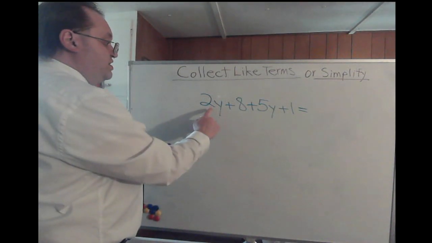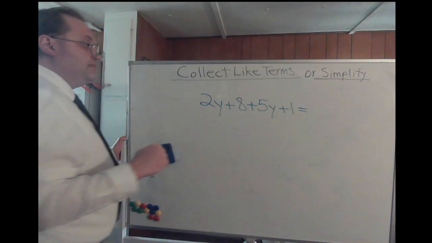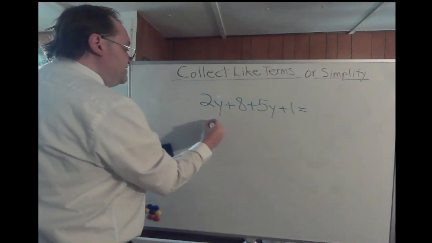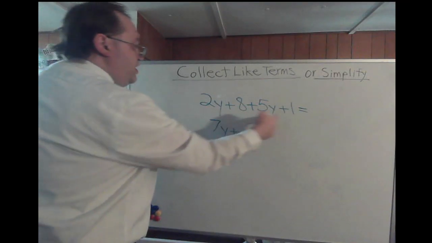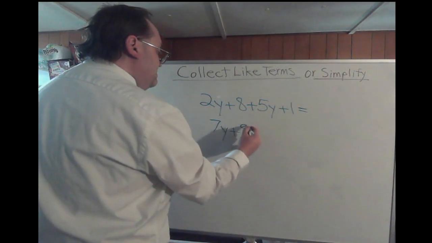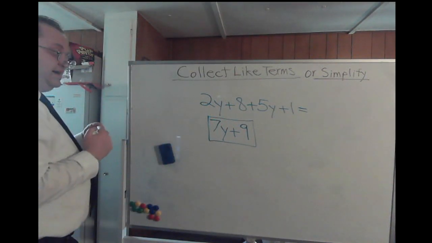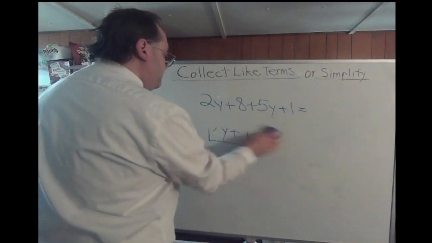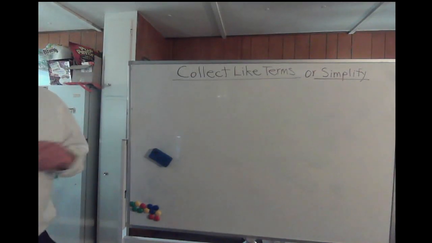Add your coefficients of 2y and 5y, since those are like terms, since they have the same variable. Add your coefficients, 2 and 5, that would give you 7y, plus, now you're going to add your 8 and 1, you just add your constants together, 8 plus 1 is 9. So the answer you would get is 7y plus 9. Yes, constants will always be like terms.